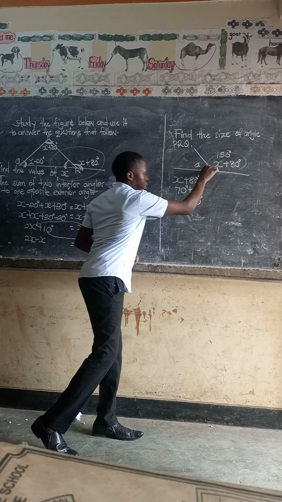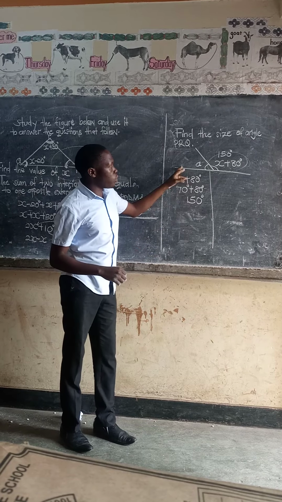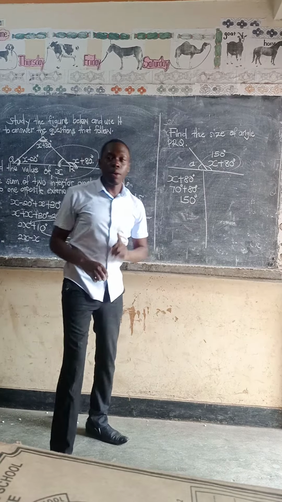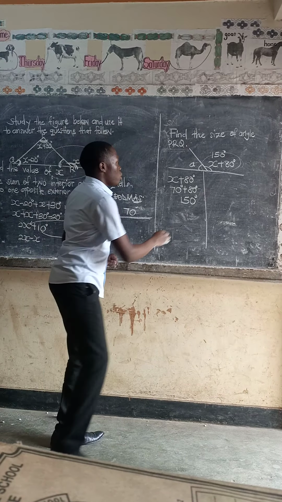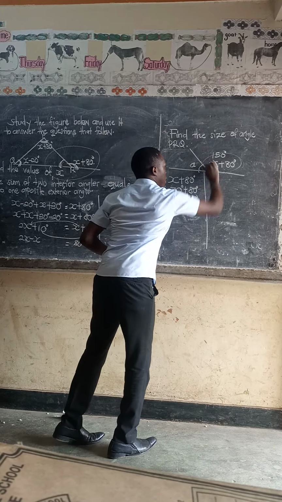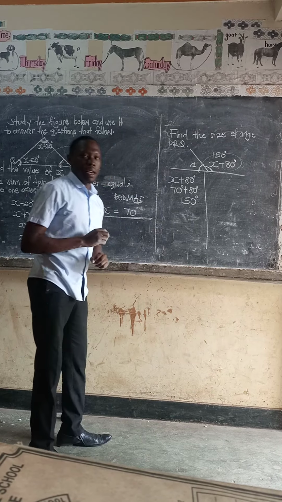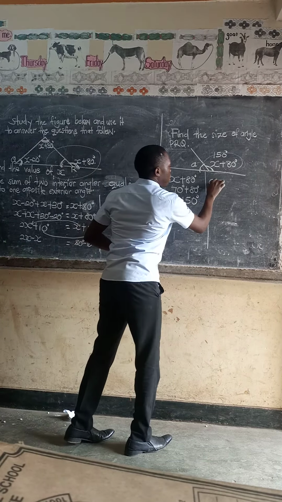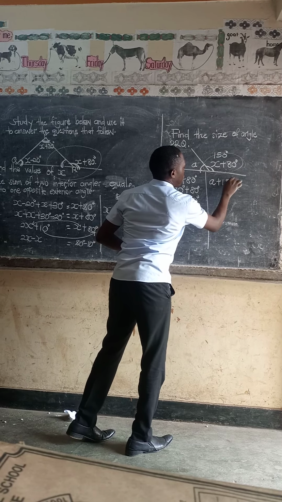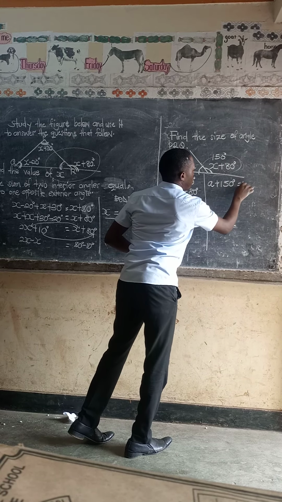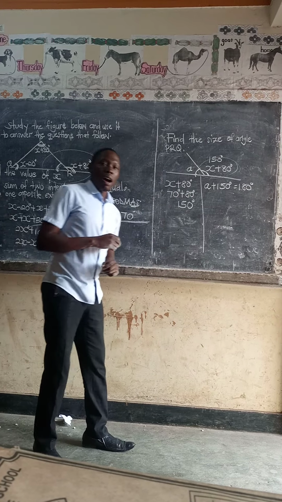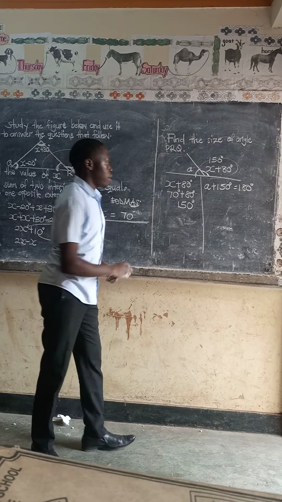You realize that this is a straight line, and angles on a straight line add up to 180 degrees. So if we add this angle plus this one, we shall get 180. So we are going to form an equation. We shall say A plus 150 degrees is equal to 180 degrees. The reason is they are angles on a straight line.